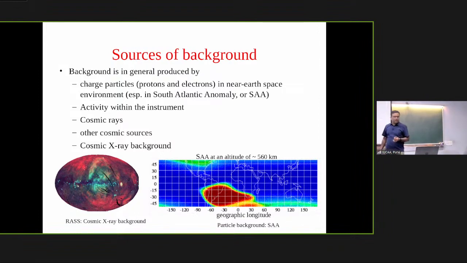So what is the source of this cosmic X-ray background that we're talking about? The cosmic X-ray background, as I mentioned, in any direction you look, there are some X-rays. We cannot pinpoint the source, but when people study these things, the spectrum of the cosmic X-ray background resembles the spectrum of a large number of sources.